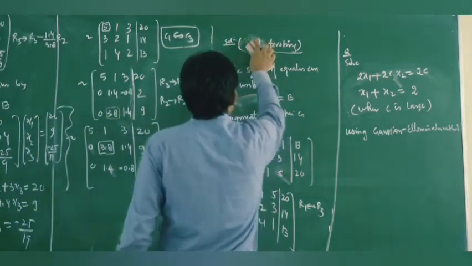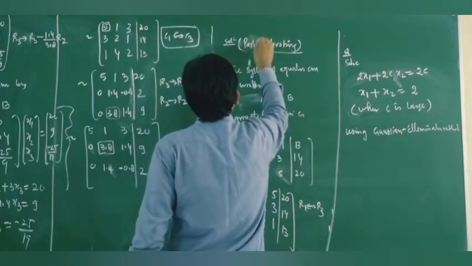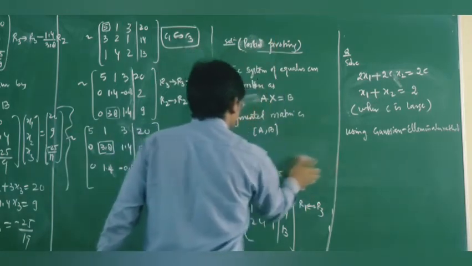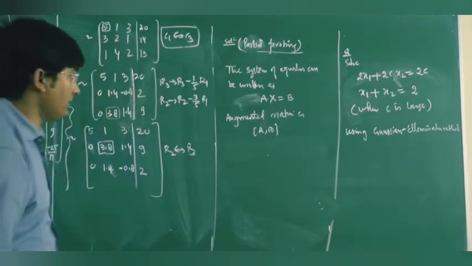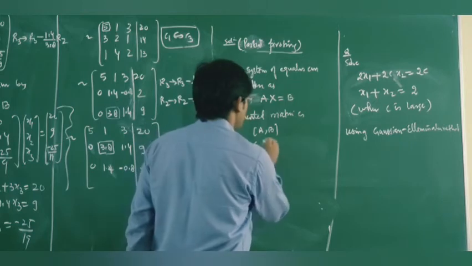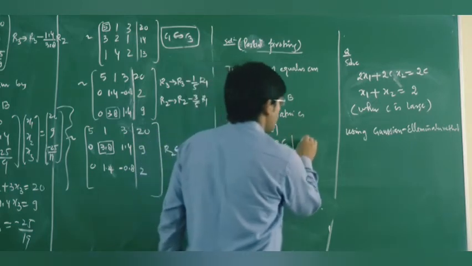So let us apply the partial pivoting. Here we will use the partial pivoting. Now you can see that your augmented matrix is 2, 2c, 2c, then 1, 1, 2.